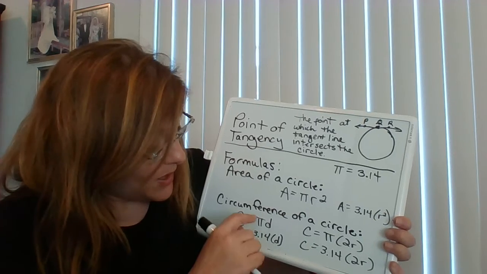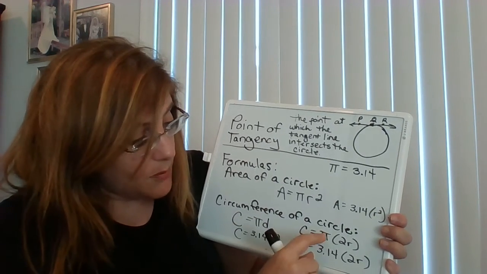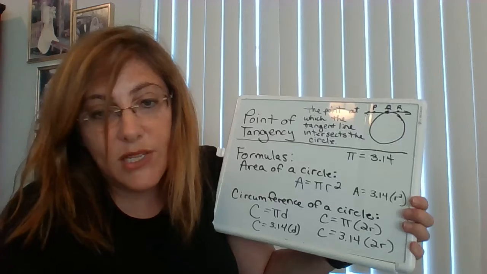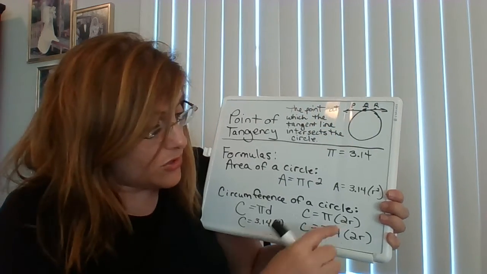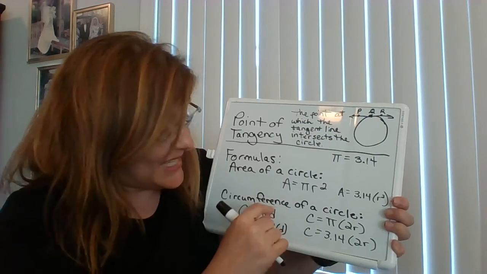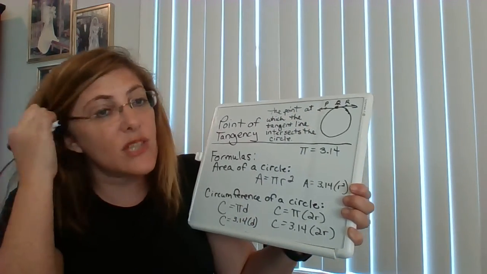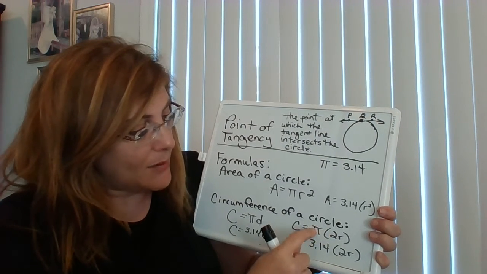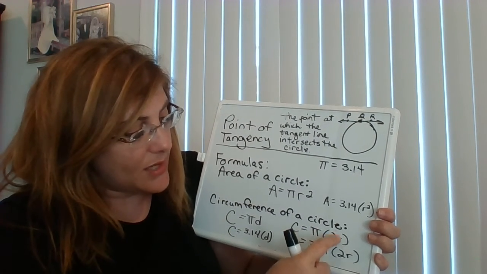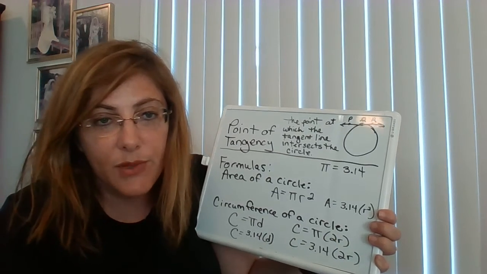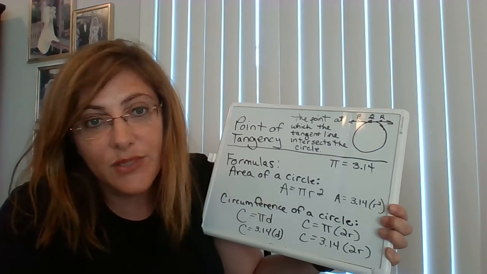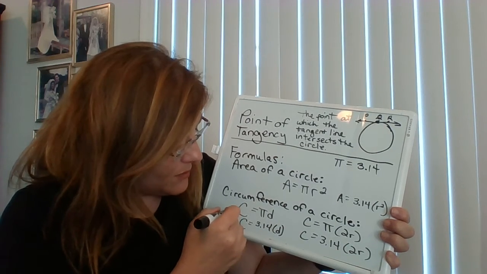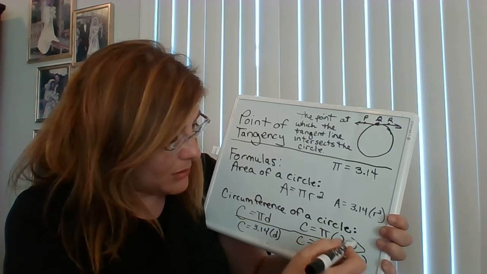So notice pi times d or pi times 2r are the same thing. The reason that works like that is because 2r is d. So 2 times the radius is the diameter. So this one is like saying pi d, but instead of writing d, you're writing 2r because d is 2 times r. So I just memorize them like this.